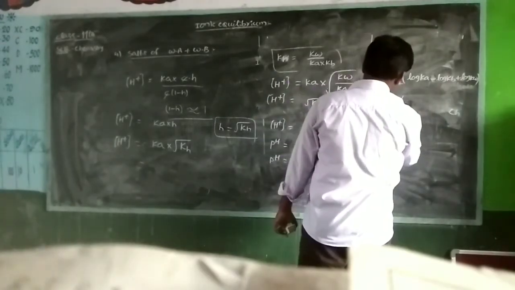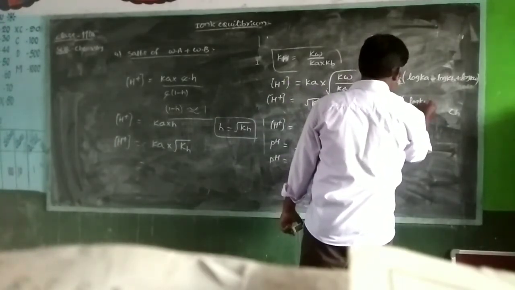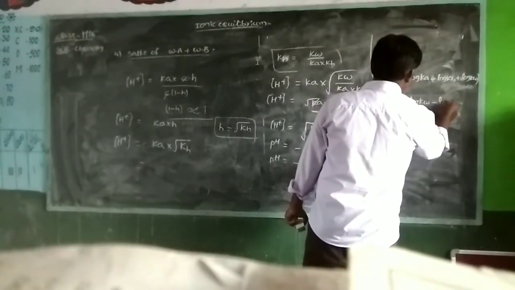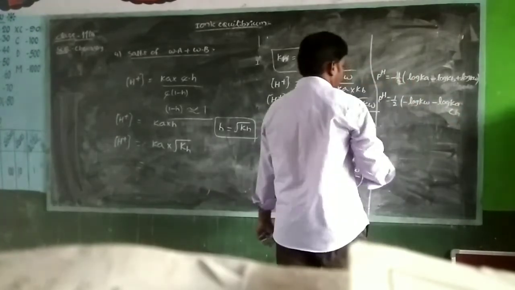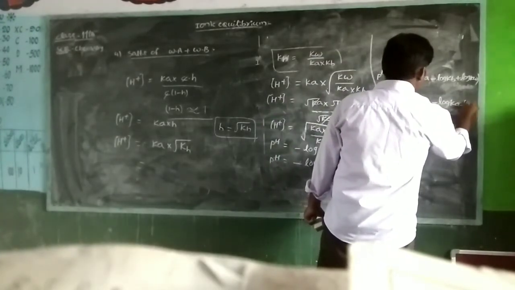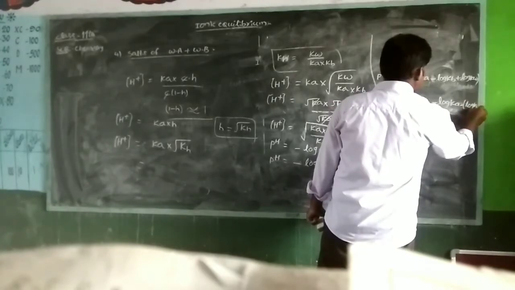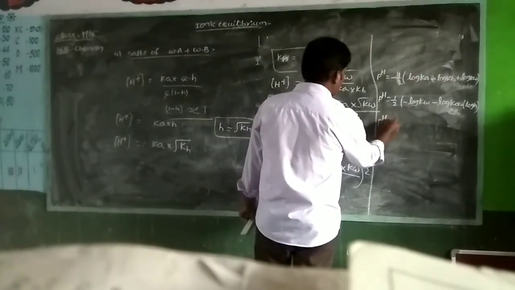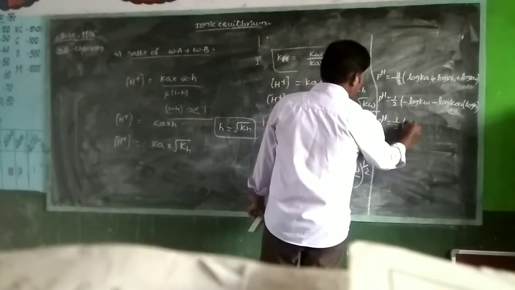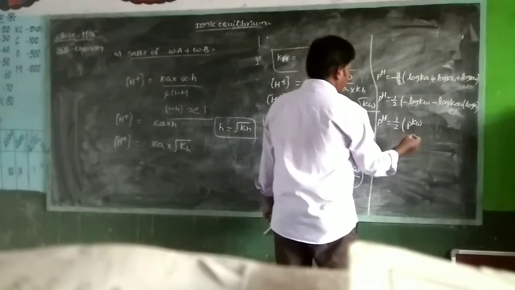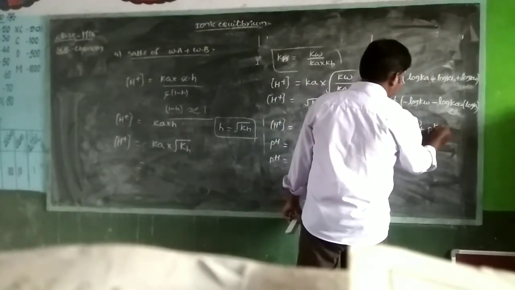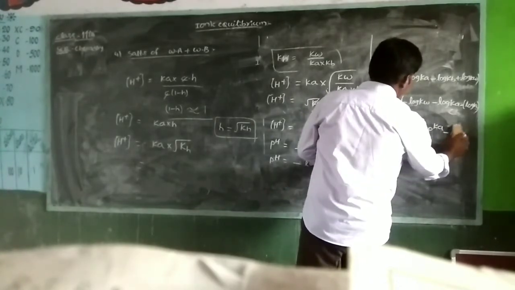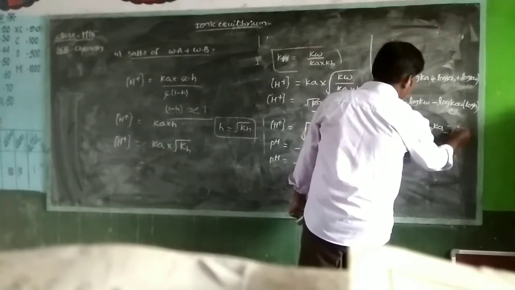pH is equal to half of minus log Kw, minus log Ka, minus of minus log Kb. Minus log Kw means pKw, minus log Ka means pKa, and minus log Kb means pKb.